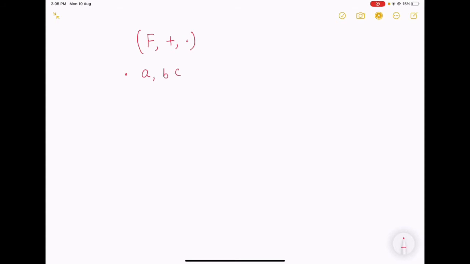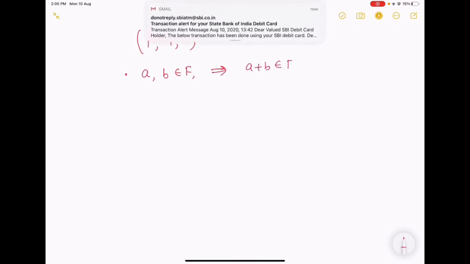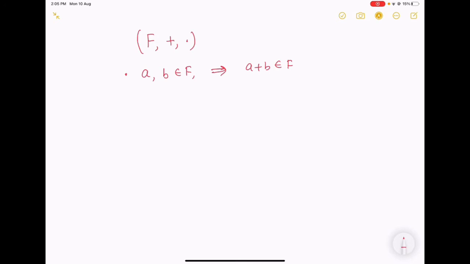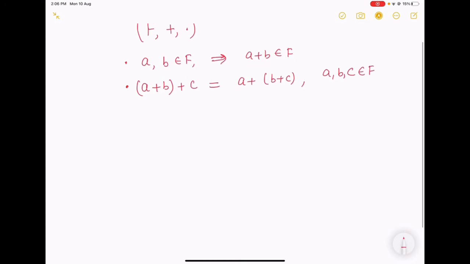Whenever A, B belong to F, it implies A plus B belongs to F. Second property is the associative property. A plus B plus C is the same as A plus B plus C. Here A, B, C belong to F. They are the elements of field F.